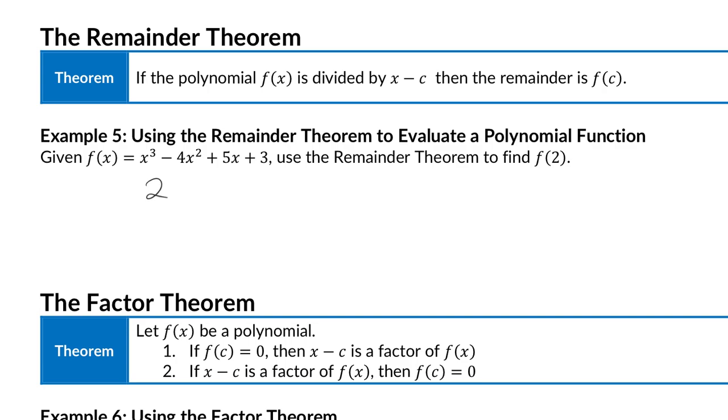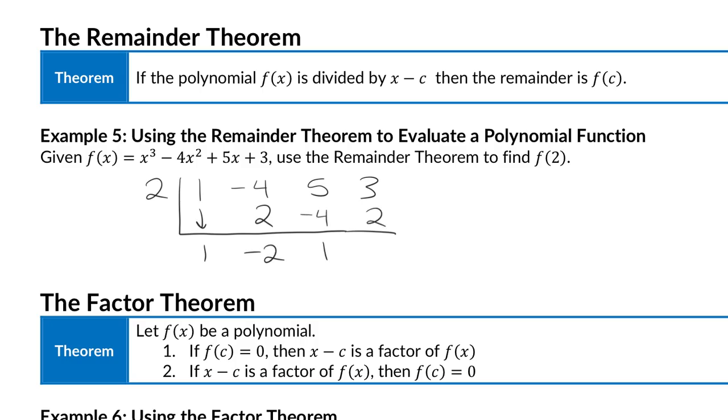We're going to do 2 on the outside, 1, negative 4, 5, and 3 as the coefficients of the dividend. Bring down, multiply, add, multiply, add, multiply, add. I tell you that f of 2 is equal to 5, whatever number we get in that remainder spot.